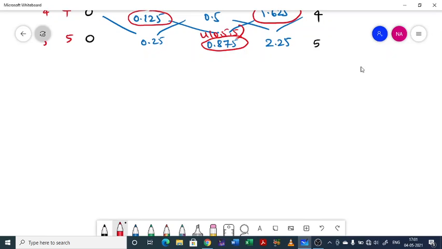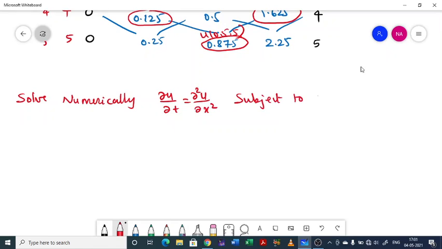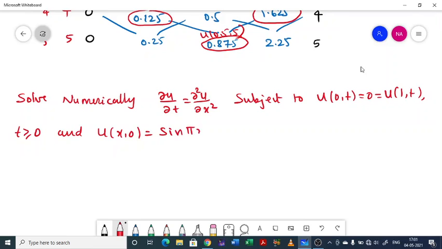Solve numerically the equation dou u by dou t equal to dou square u by dou x square, subject to the conditions u of 0 comma t equal to 0 equal to u of 1 comma t, for t greater than or equal to 0, and u of x comma 0 equal to sin of pi x, 0 less than or equal to x less than or equal to 1.